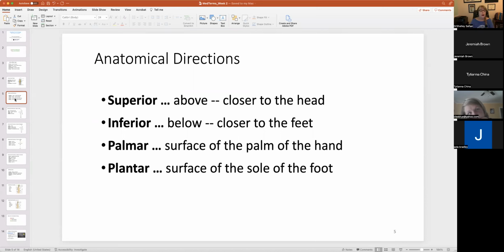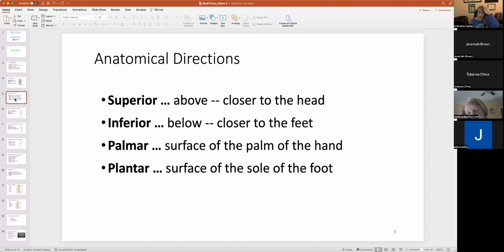Now, some of you who might be a little older might remember that managers used to be called superiors, but that has a negative connotation to it because no one person is better than another person. So that's why we now use the word supervisor. But in healthcare, it is a direction and has no negative or positive connotation.